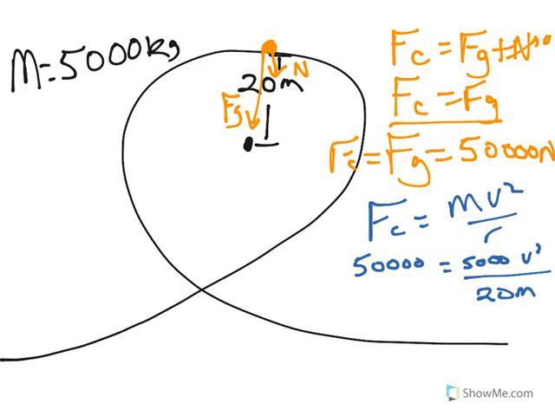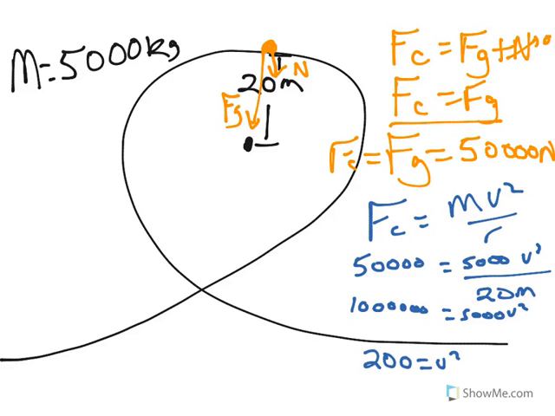I multiply 20 up and I get 1 million. 1 million equals 5,000 v squared. Then I divide by 5,000 and I get 200 equals v squared.